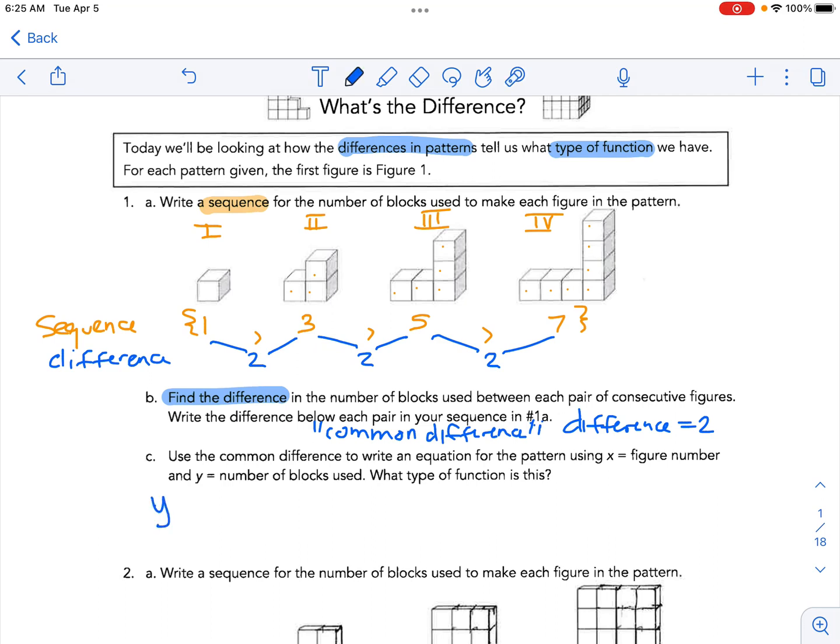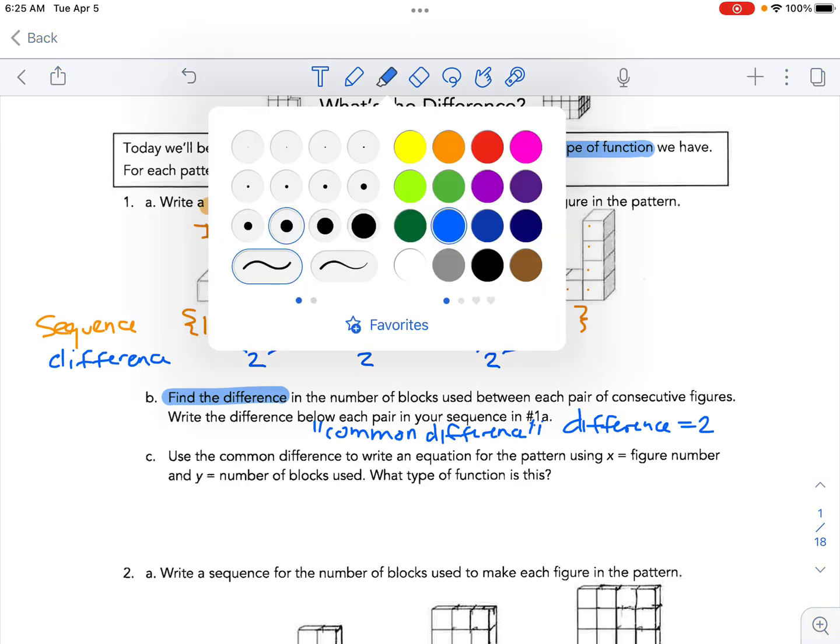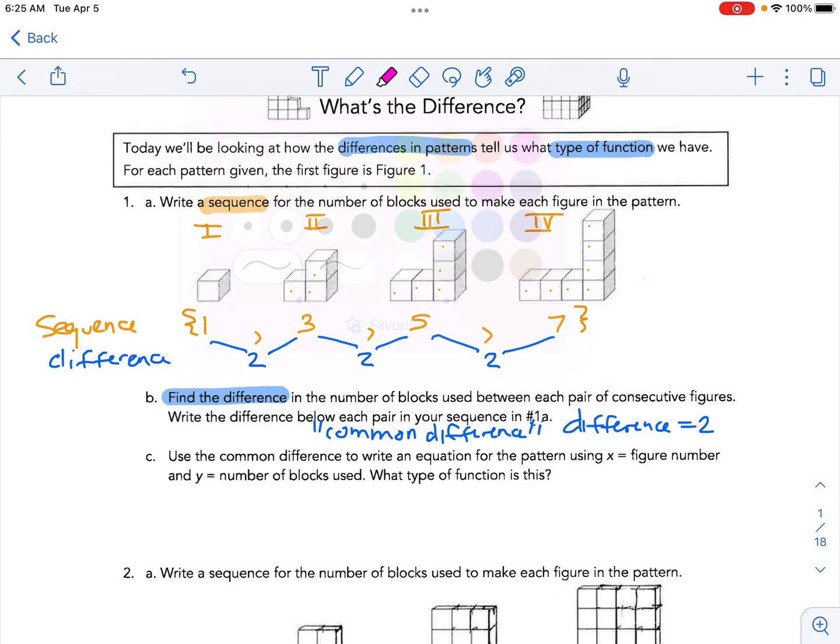So we can then write that as, let me change colors here. It's saying use the common difference to write an equation of the pattern using x as the figure number and y as the number of blocks.